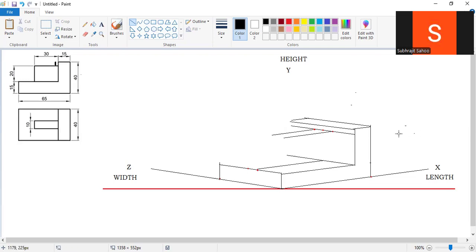And the next step, join here to here. Right? Next, join here to here.